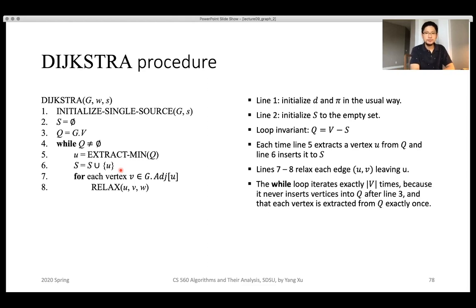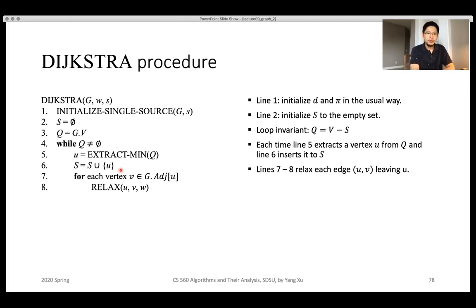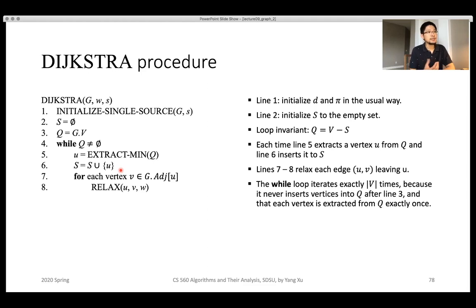The while loop will iterate exactly V times because it will not terminate unless the queue is empty, and after we extract U from Q, we will never insert it back, right?